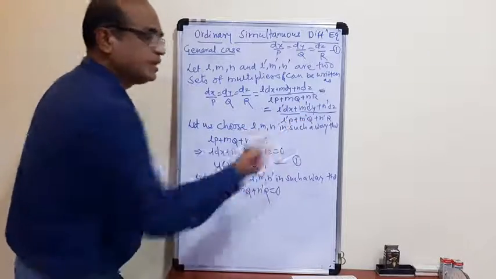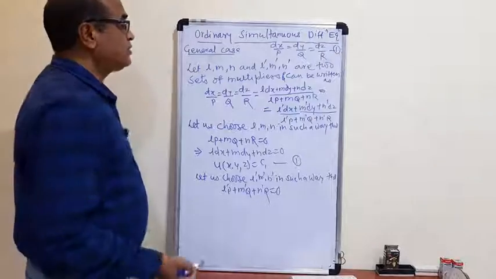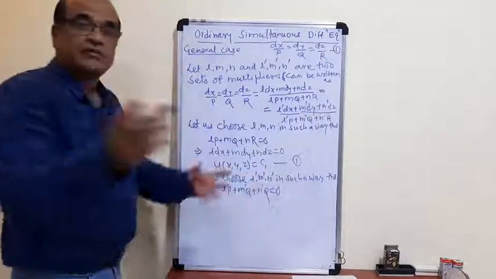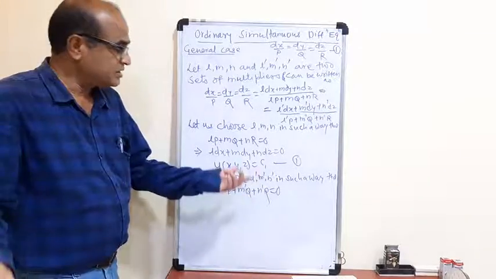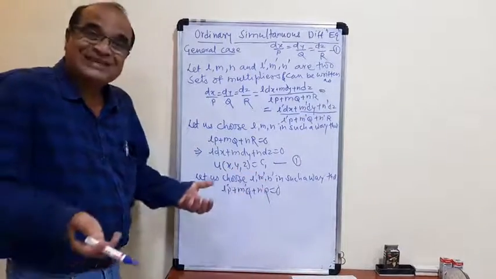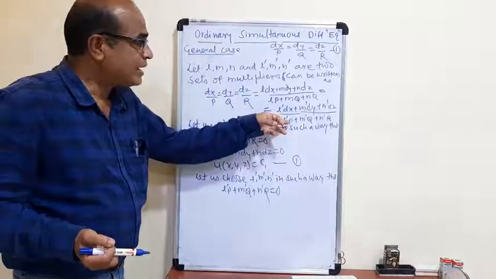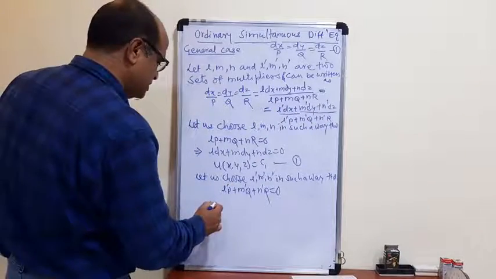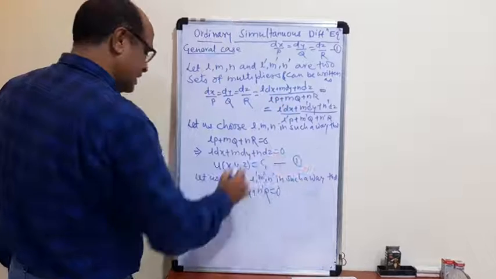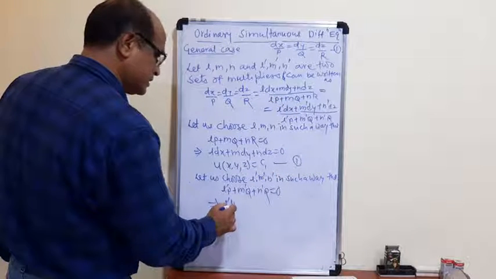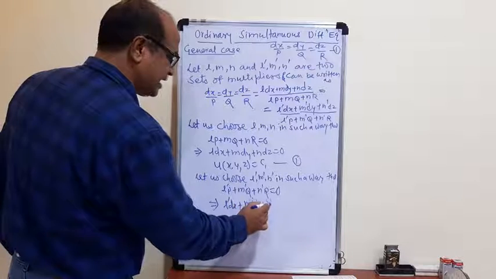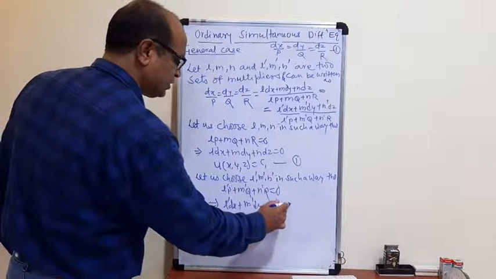So we choose L dash, M dash, N dash such that this is equal to 0. Those multipliers are in our hand to make this 0. So this implies L dash dx plus M dash dy plus N dash dz is equal to 0.